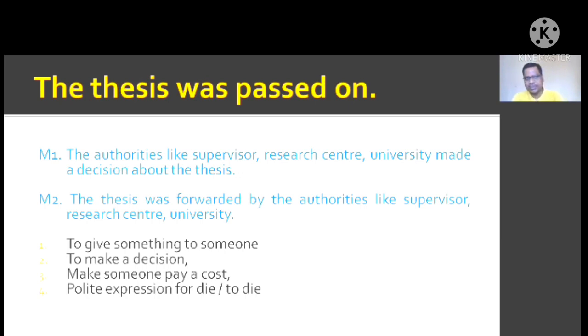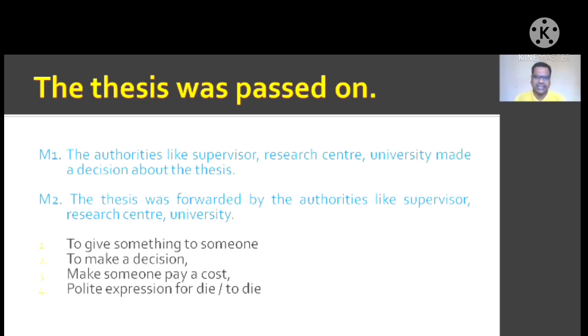Now, in the context of the present sentence, the thesis was passed on, I would like to take up the first two meanings over here for interpretation, because the other two may not be that much applicable here. So the meaning 1 is the authorities like the supervisor or the research center or the university made a decision about the thesis.